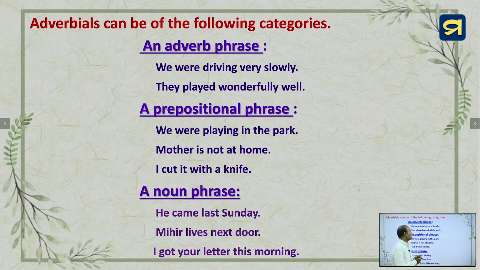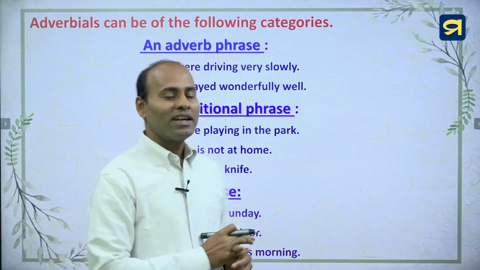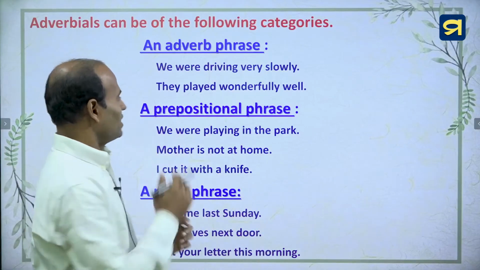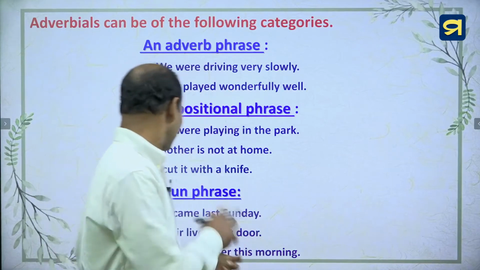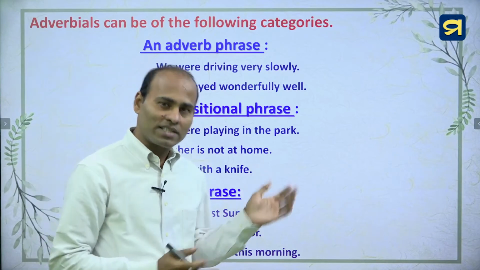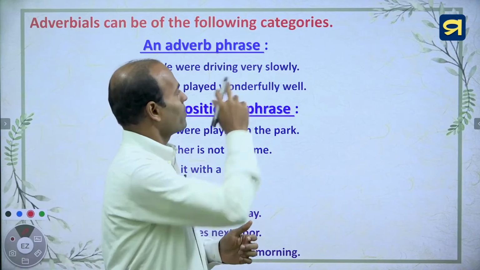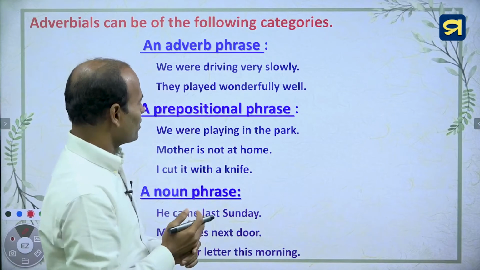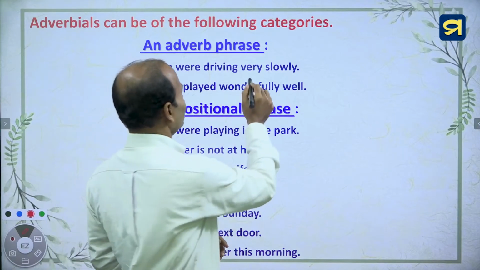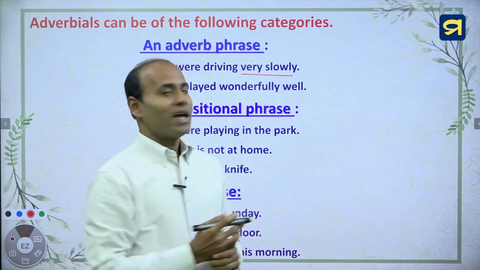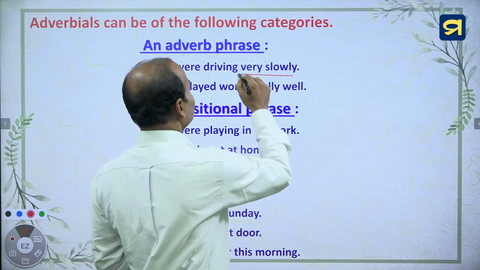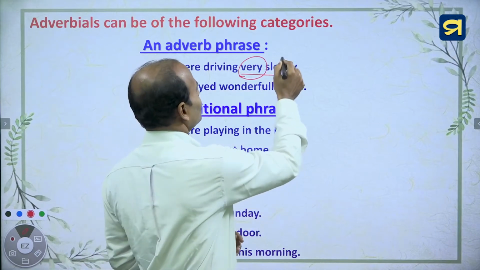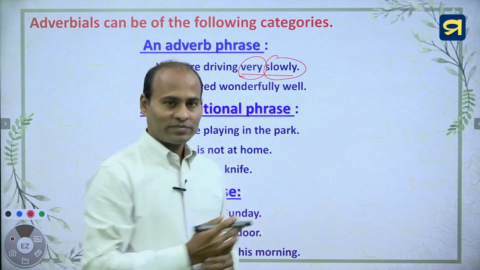Okay, my dear children, we have already discussed that an adverbial can be an adverb phrase, a prepositional phrase, or a noun phrase. So, let's discuss. We were driving very slowly. Please see the example given here. Here, very slowly starts with an adverb, very, along with another adverb, slowly.